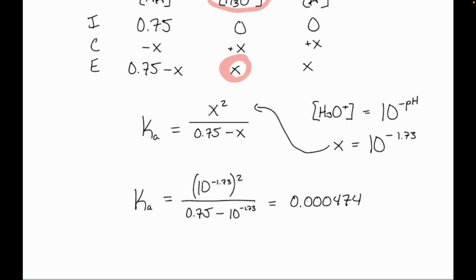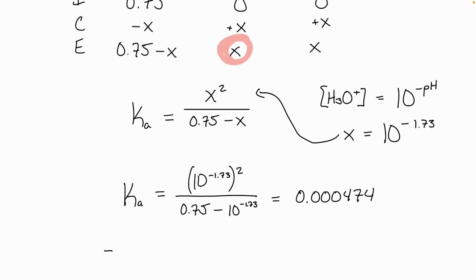That P is doing the same thing that it's doing in the pH. We're just going to take the negative log of the Ka. That's what our pKa is. So the negative log of that value. There we go, 3.324.